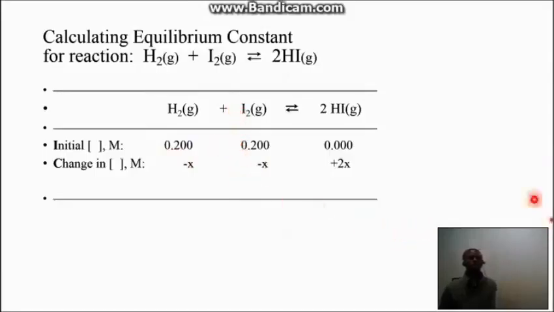But now look at the product. The coefficient of the hydroiodic acid is 2. Therefore, the change in concentration here should be 2x. So the way we write our x's depends on the coefficient we are dealing with.